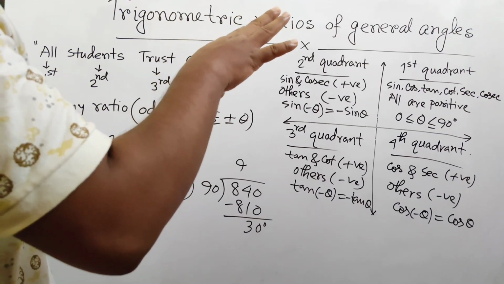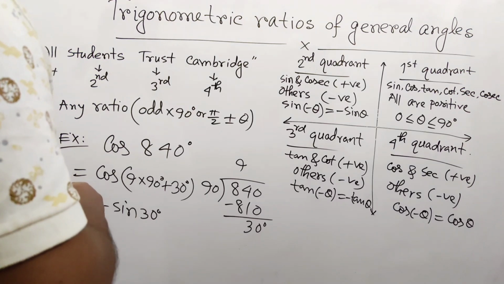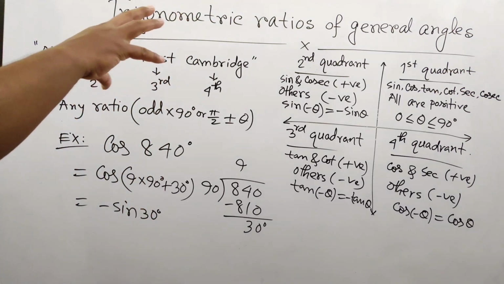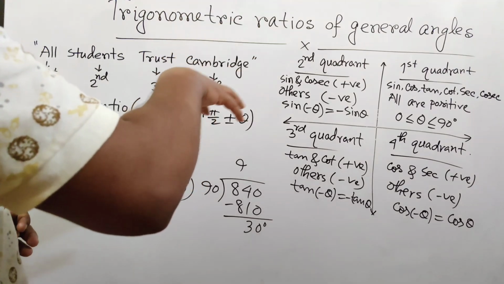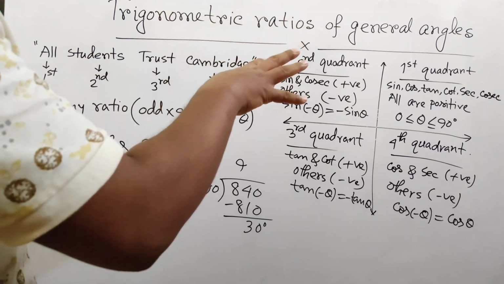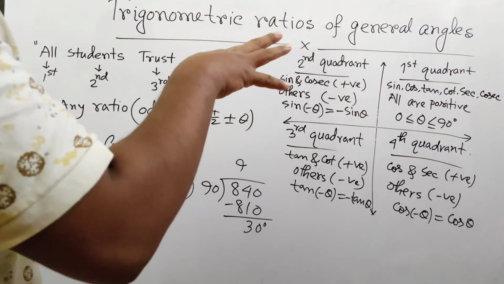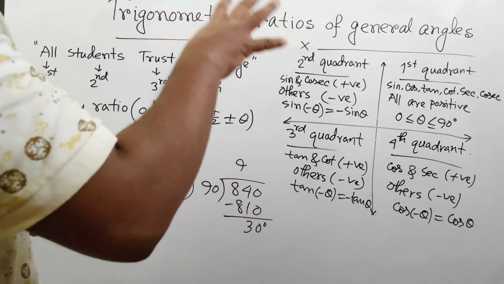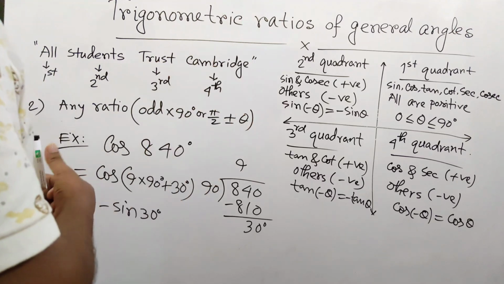Some good universities in Bangladesh take admission tests, and in that test from trigonometry this is a common question. Most of the time one problem will come according to this idea. So that's why you must follow this, and these are the basic things for trigonometry. If you learn this properly, it will be very helpful when you solve trigonometry.